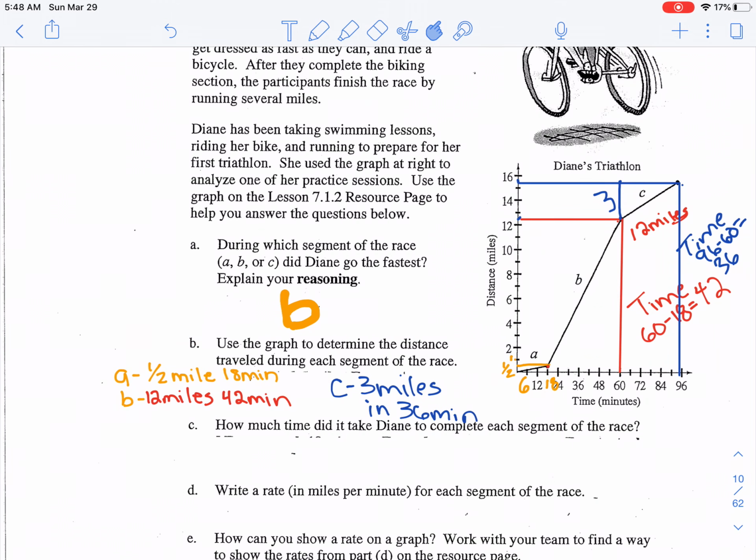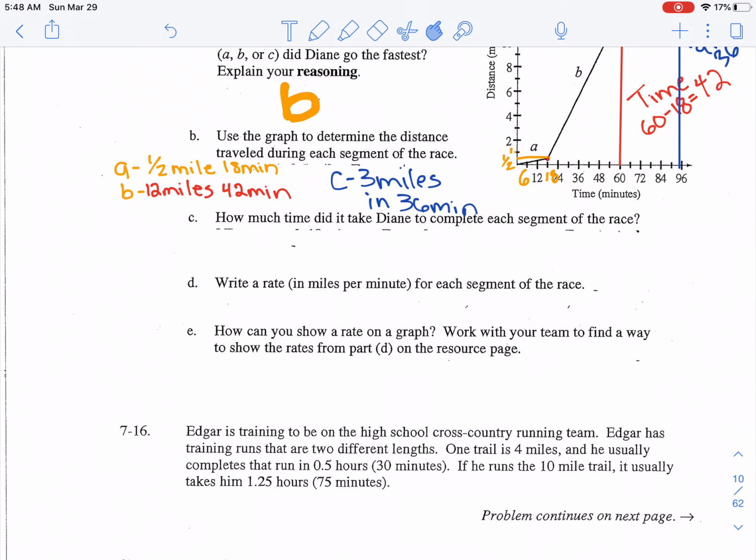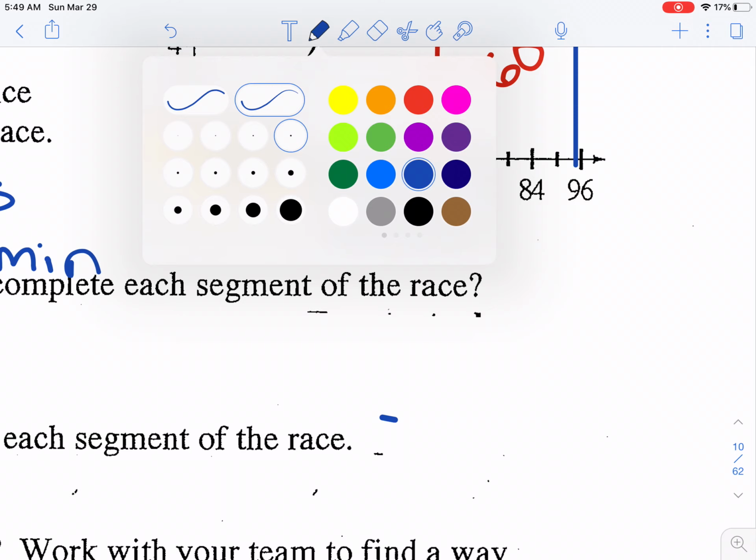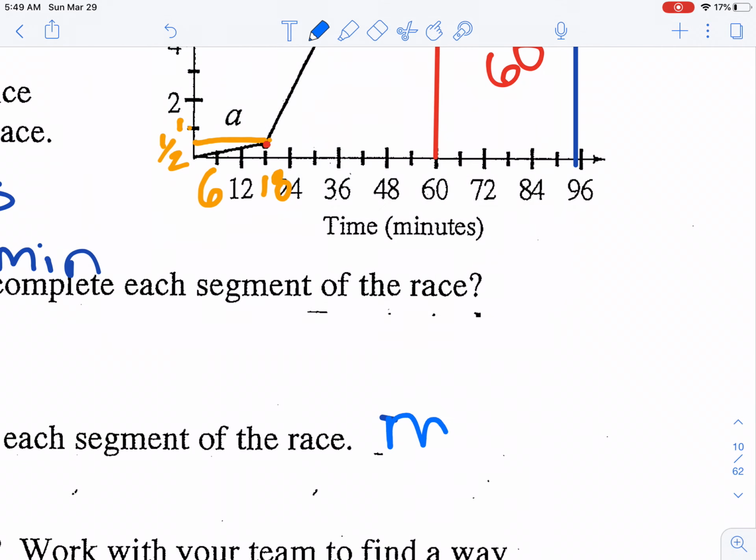How much time did it take Diane to complete each segment? Well, we did that in the same problem. Part B said use the graph to determine the distance, and part C said find the time. So we kind of did that in B, so I'm just going to draw an arrow. I'm not rewriting it. Part D says write a rate in miles per minute for the segments of the race. We're going to be writing a fraction for these, miles over minutes for each section.